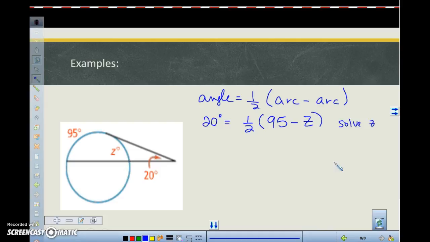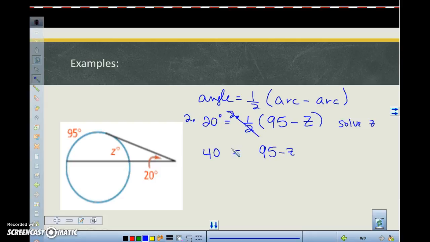So you can distribute the 1/2 through, that's fine, but you're going to have fractions. So that I won't have any fractions, I'm going to take care of the 1/2 first. I'm going to multiply both sides of my equation by 2. 2 times 1/2 makes 1, so I just have 95 minus z is equal to 40.